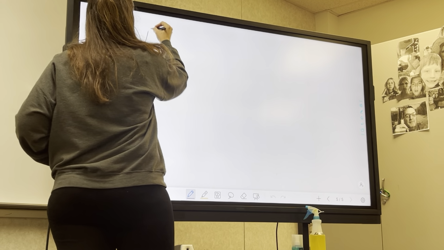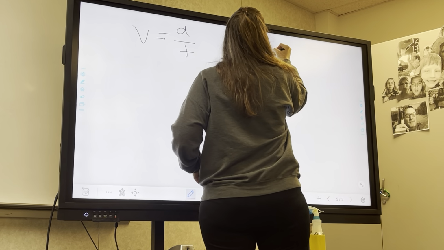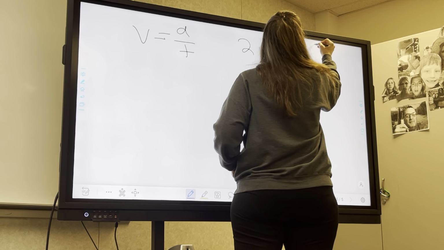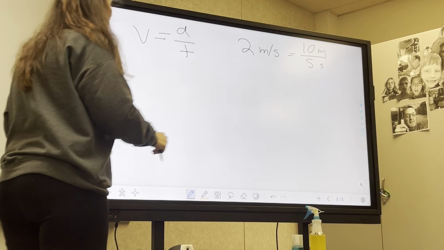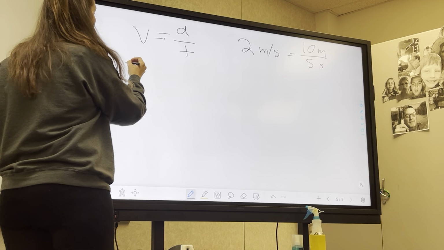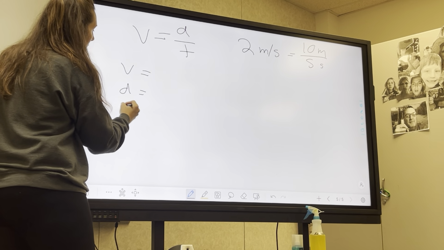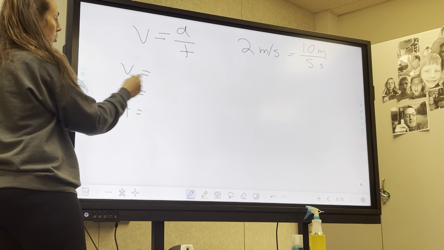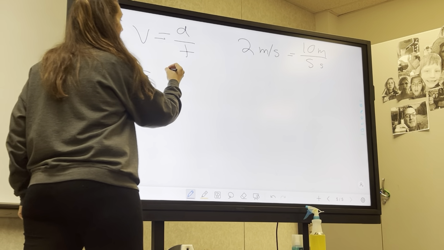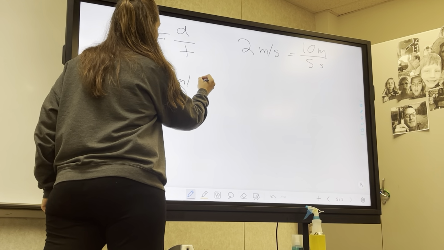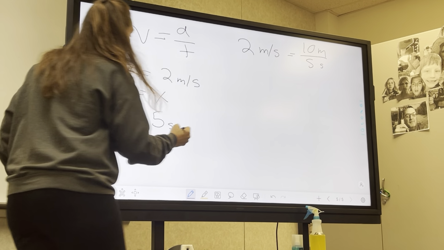So once again, speed is distance divided by time. 2 meters per second equals 10 meters over 5 seconds. Okay, so now we're going to use this formula, but here's our unknown. So we have speed, distance, time. We're going to use distance as our unknown, okay? So we're going to have 2 meters per second, and then time is going to be 5 seconds.